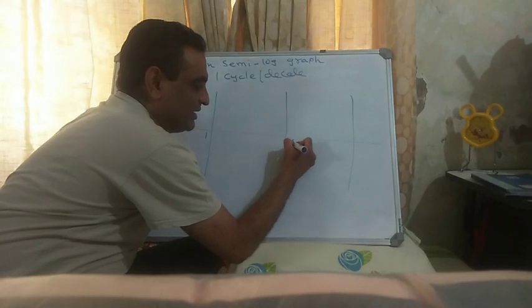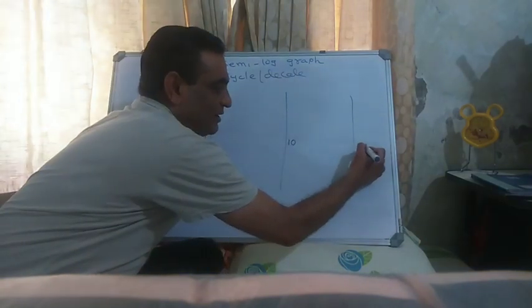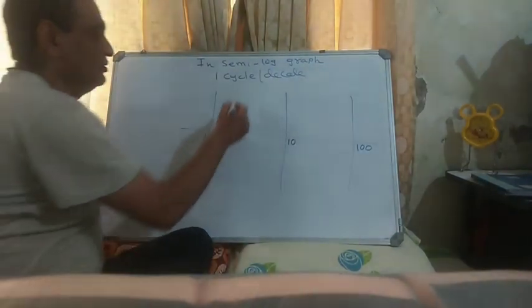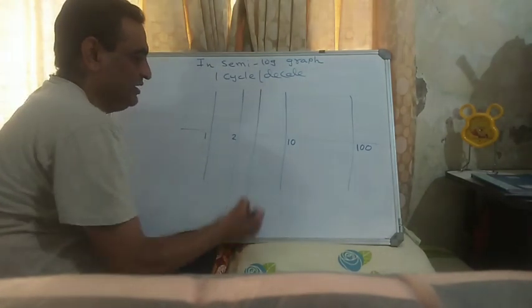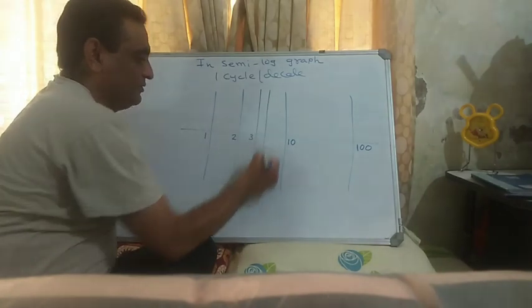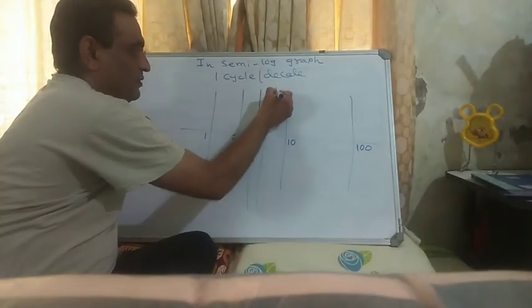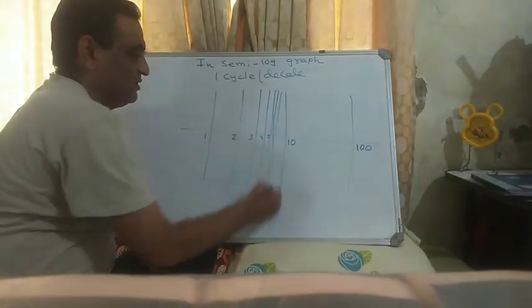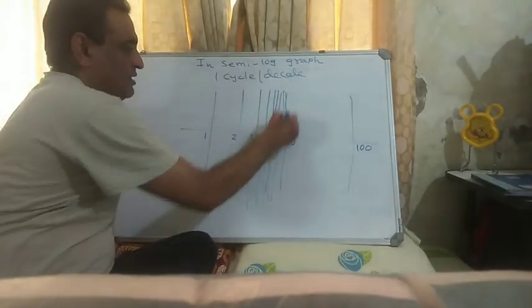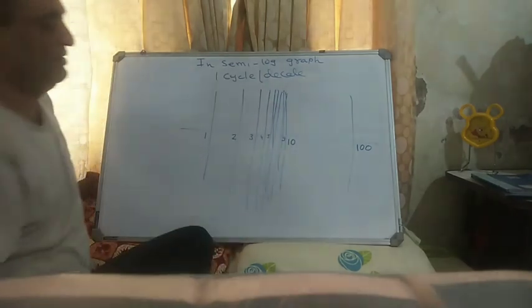This would be 10, and this would be 100. So 2 is here, 3 is here, 4, 5, 6, 7, 8, 9, and 10.